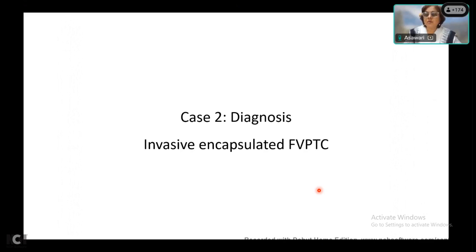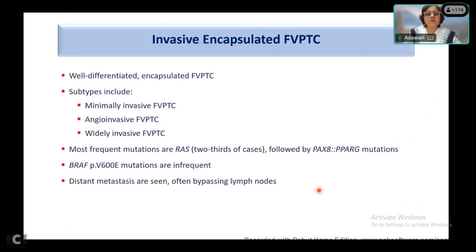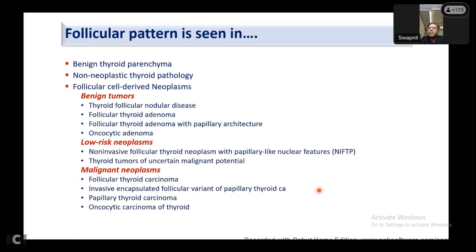So whatever Dr. Swapnil told you just now, let's have a quick recap of this. When you're looking at an encapsulated tumor, Swapnil, you want to go ahead? Yeah, this is what we discussed: once you have decided that this is an invasive encapsulated follicular carcinoma or follicular variant of PTC, you need to subclassify it further as either minimally invasive, widely invasive or angio-invasive.